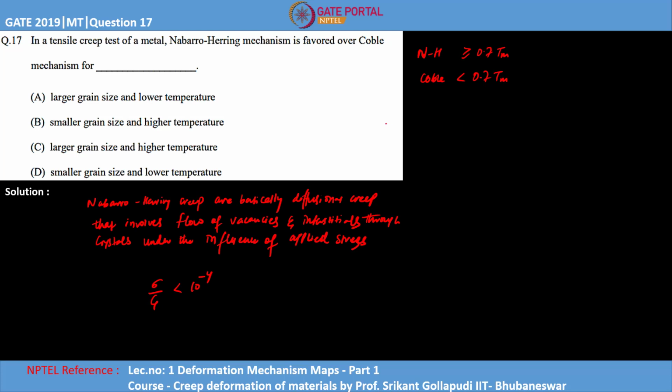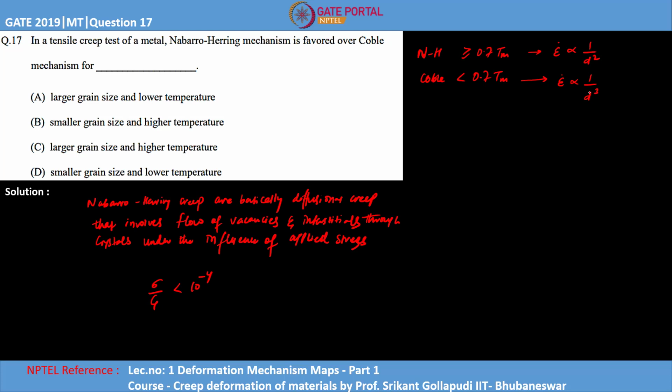In both cases, Nabarro-Herring creep or Coble creep, if you denote the grain diameter by d, the creep rate is proportional to 1 upon d square in case of Nabarro-Herring creep, and in case of Coble creep, the creep rate is proportional to 1 upon d cube, right? So here it is 1 upon square of the grain diameter, and here it is cube of grain diameter.